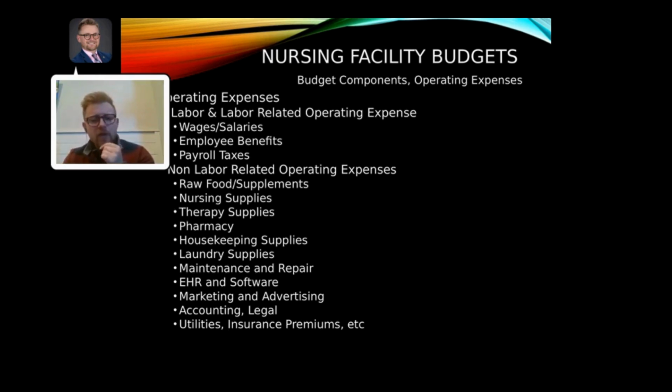Then that brings us to the non-labor related operating expenses. That is pretty much everything that you can think of within that nursing facility. We already covered operating expenses in a different module. My point in this module is just to go over that you actually will budget every single aspect. And how do you do that?